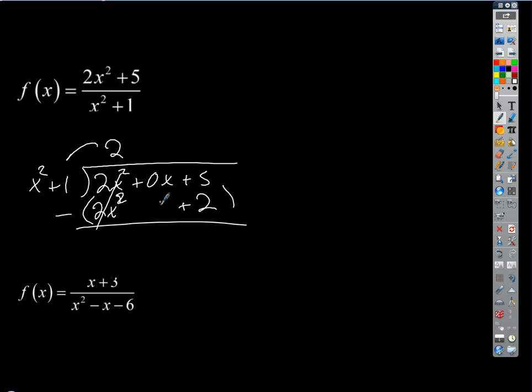Those cancel, nothing there. 5 minus 2 is 3. Oh no, 3 is the remainder, sorry. So I get 2 plus a remainder of 3 over x squared plus 1.